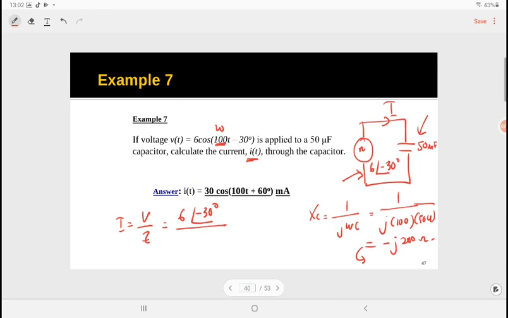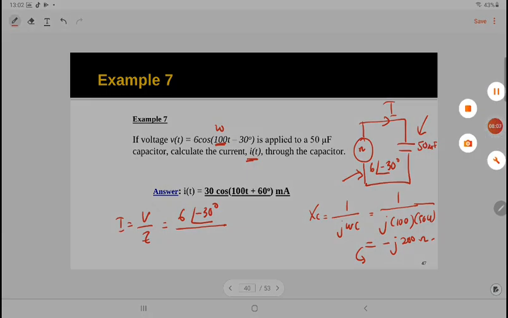Let's do this by using your calculator. By converting your negative j 200 into polar form, you get 200 with a negative 90 degree phase angle. So therefore just put it in here.